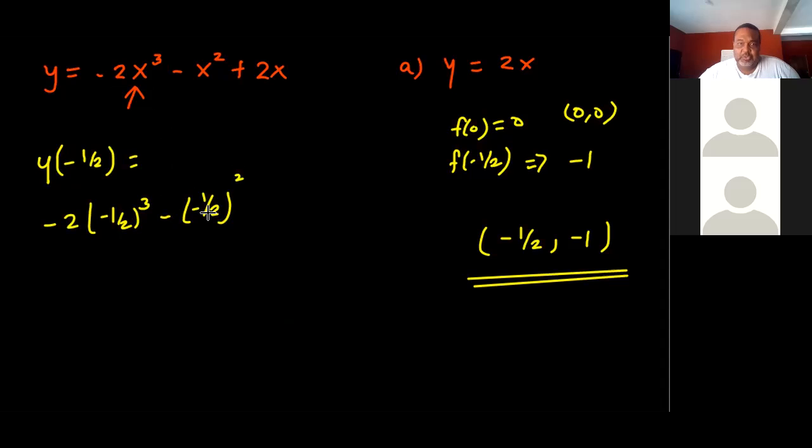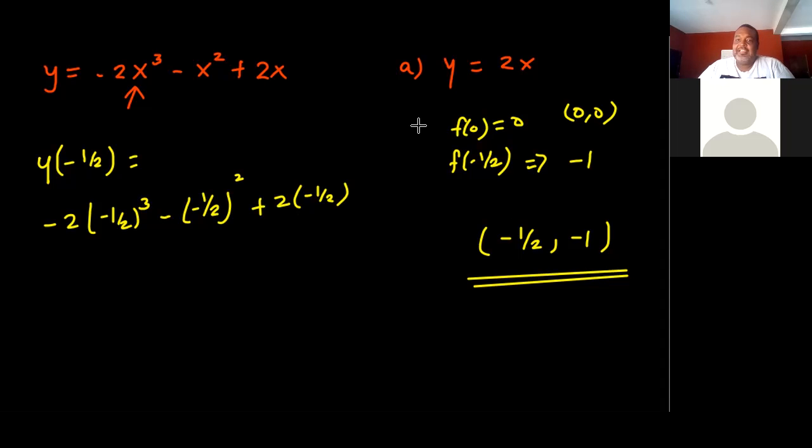Remember, x is minus 1/2, right? So wherever I see x, I put minus 1/2, plus 2 times minus 1/2. That would give you the y value. And it will give you the same answer in both. If you put 2 times minus 1/2 here, you get minus 1. So when x is minus 1/2, y is minus 1. So the other point is minus 1/2 and minus 1.